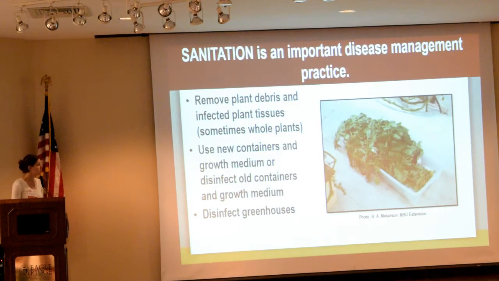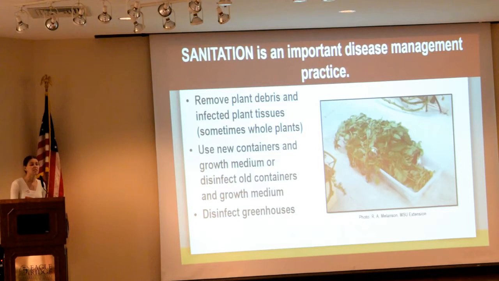And then when you do remove that plant or even tissues, you don't want to leave that plant debris just sitting around in the greenhouse or even near to a greenhouse, because with the greenhouses, when you vent, you're pulling air in from outside. Pathogens may be able to get back into the greenhouse. Using new containers and growth medium, or disinfecting old containers and growth medium.